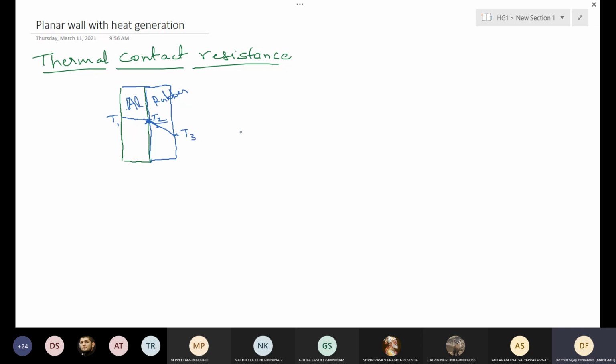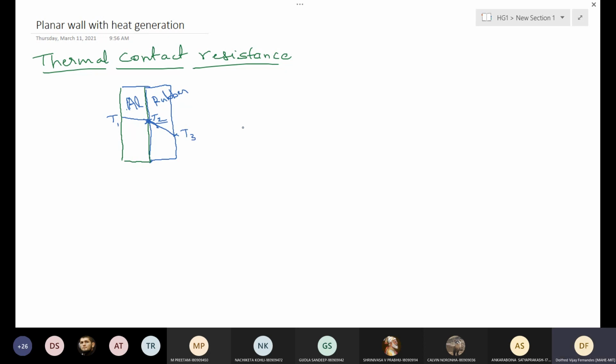But when we bring the two smooth surfaces in contact, still there is a gap between the two surfaces, because there will be numerous peaks and valleys at the micro level, or atomic or molecular level, if you see. So that is the reason we cannot get that perfect thermal contact between the walls.